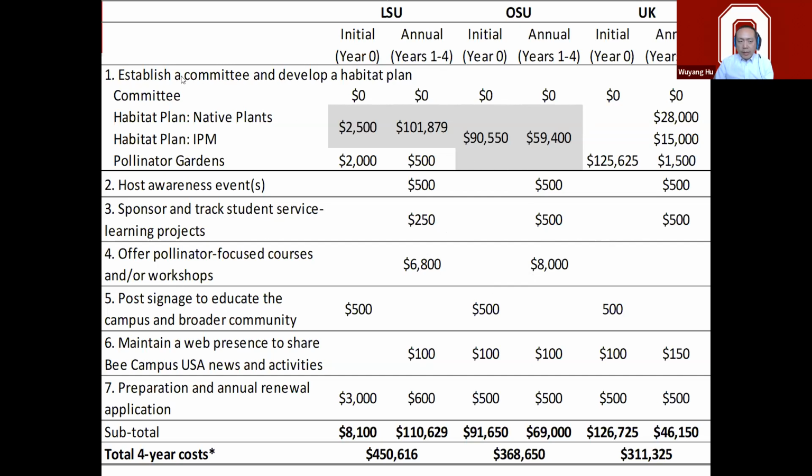The most challenging part is IPM, the integrated pest management. Each campus is very different from the other. OSU, for example, did not or could not come up with a specific itemized effort. It's a joint effort of all native plants and IPMs and pollinator gardens put together.